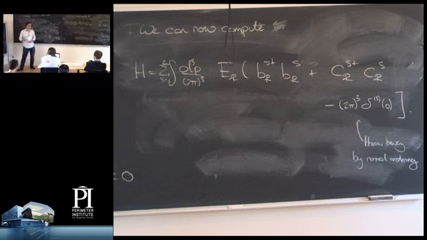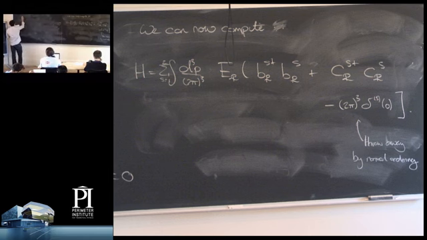No? Let me illustrate more explicitly why this means that we're quantizing as fermions. It's fairly straightforward, but it's important to do it. So we can introduce the usual kind of Fock space.